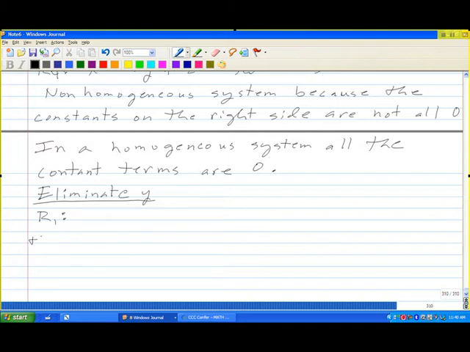So R1 plus R2. R1, 2x minus y plus 2z plus w equals 1. R2, x plus y plus z minus w equals negative 1.